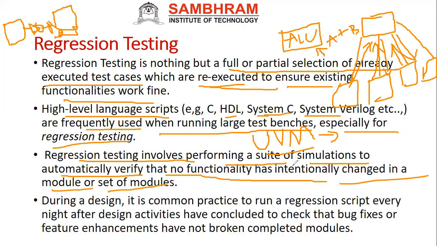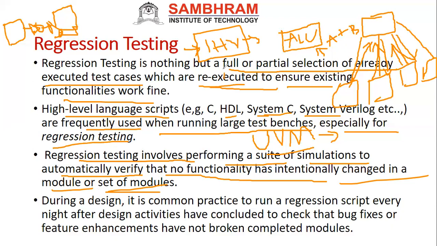So if there is a change in a module or a set of modules, even a single small 1% change, you need to run the complete module. Say, for example, you have one module, and to run it and check your output it might have taken 1 hour.